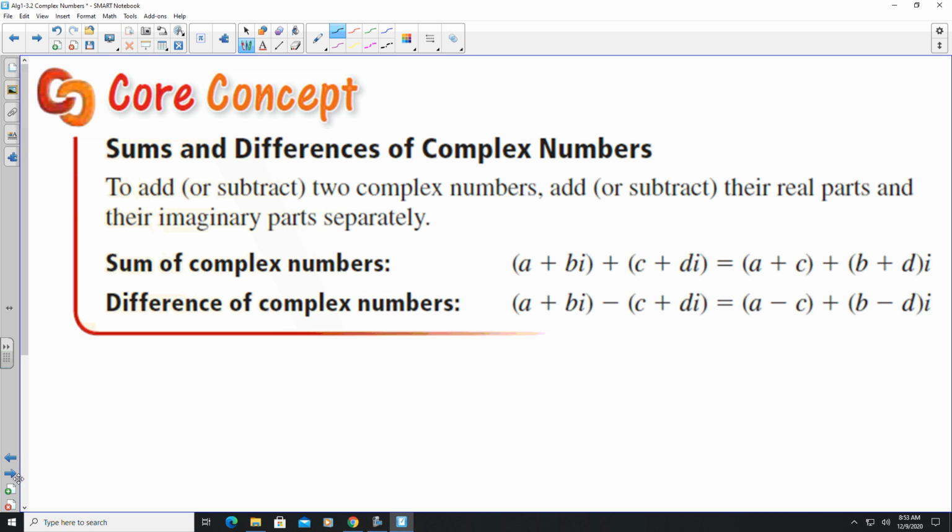So anytime there is an i, you can combine like terms. In that instance, anytime you would multiply it, you would square it like you would any other variable. So keep that in mind when you are adding, subtracting, or even multiplying complex numbers.